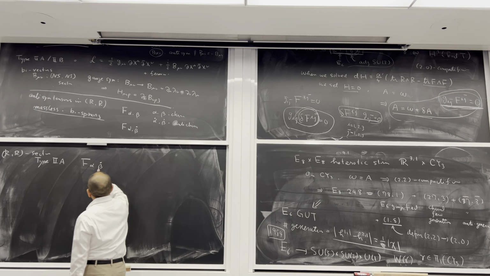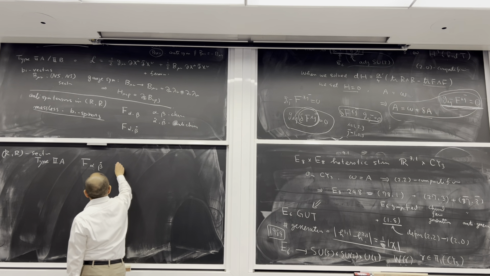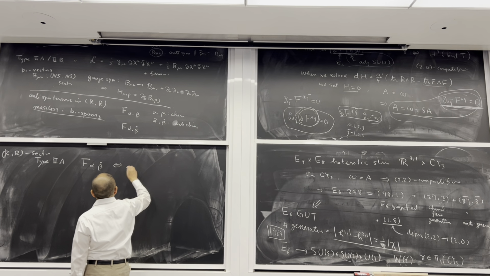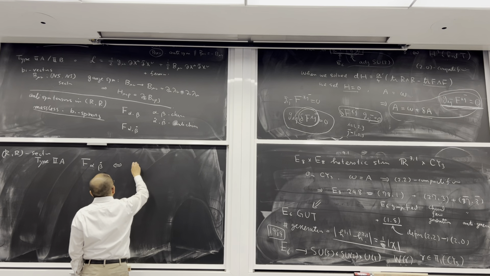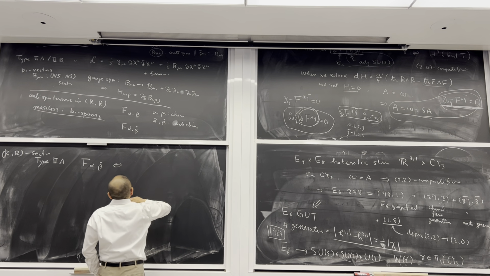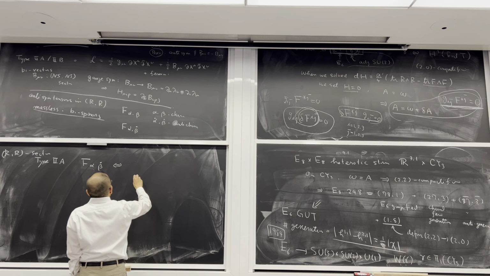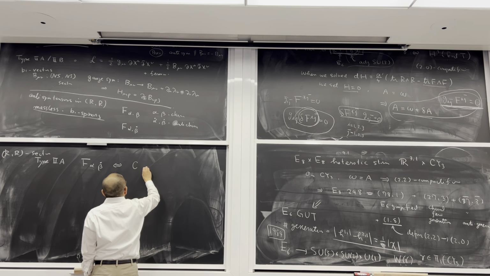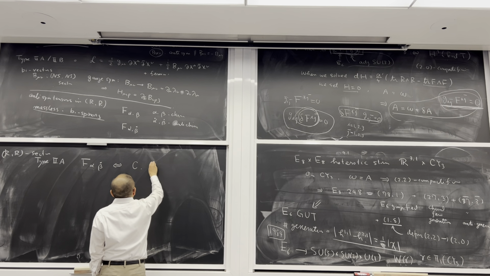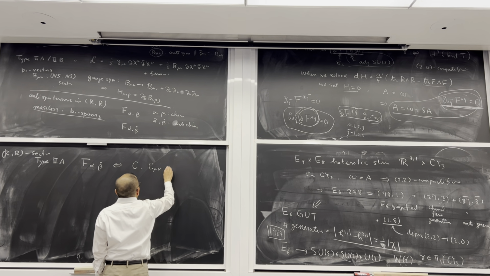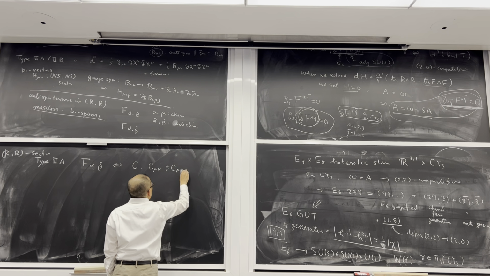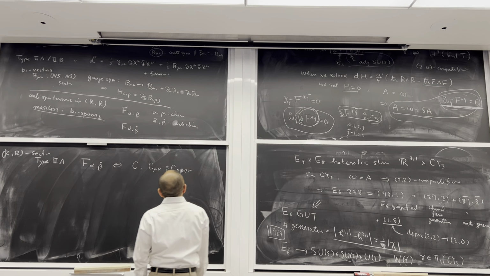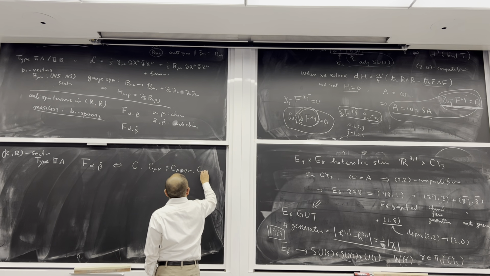So if you have a bispinor of this type, then you can show that it can be decomposed into field strengths, which are a scalar, an antisymmetric tensor, and then a 4-form and 6-form.